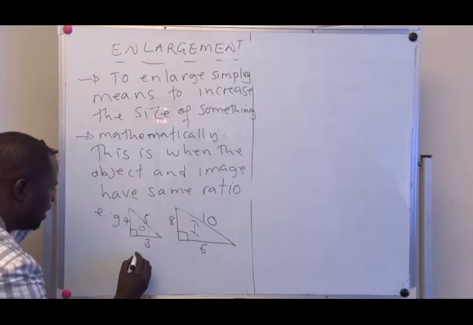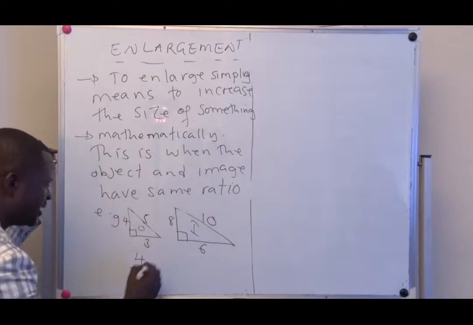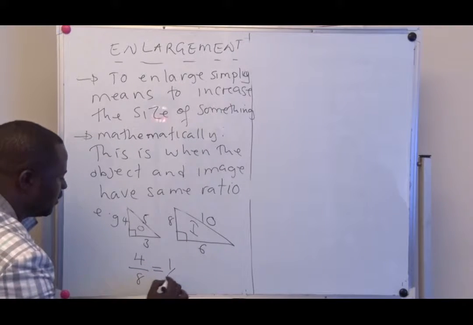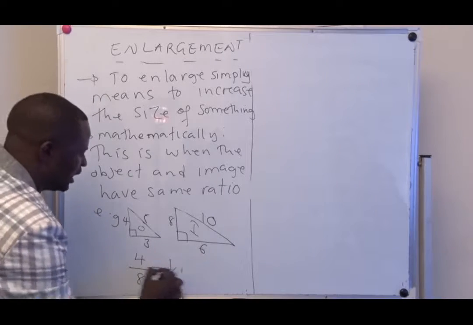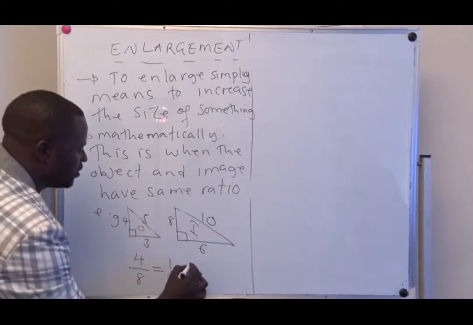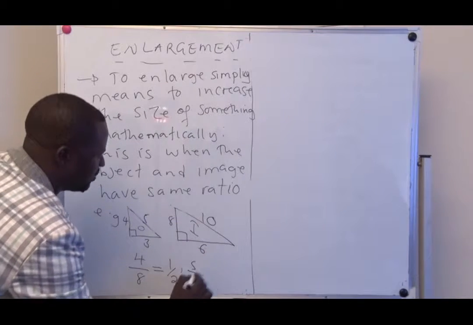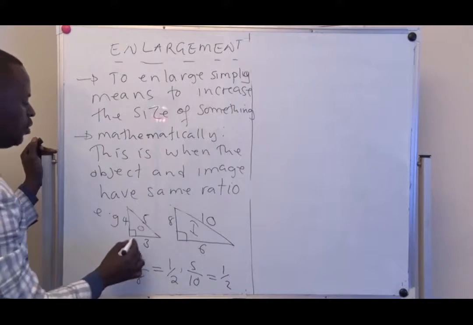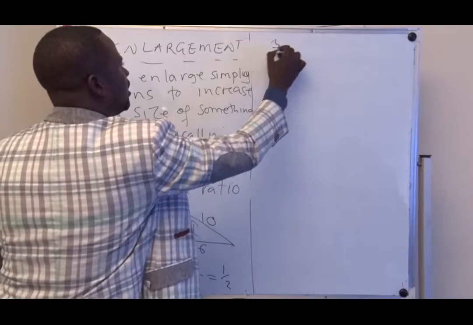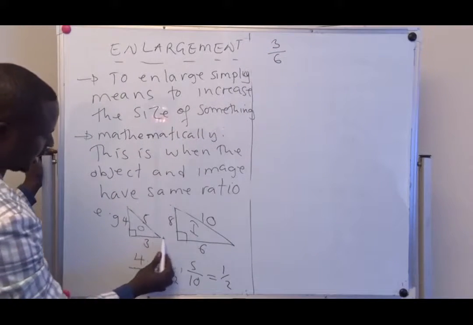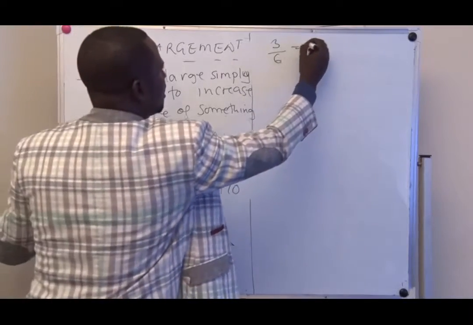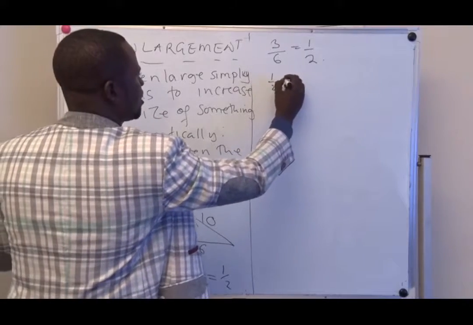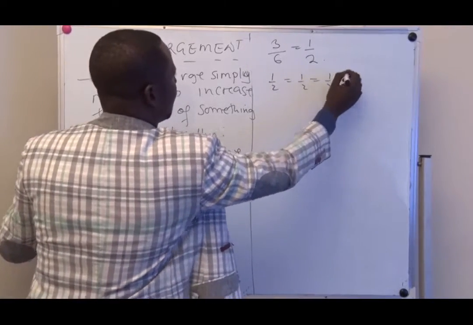Meaning, if you say object over the corresponding side of the image, we get 4 over 8, which is 1 over 2. Also, object 5 over the corresponding image side 10 gives us 5 over 10, which is 1 over 2. Also, object 3 over 6, because this side corresponds to that side, gives 3 over 6, which is 1 over 2. So you can see they all have the same ratio: a half, a half, a half.